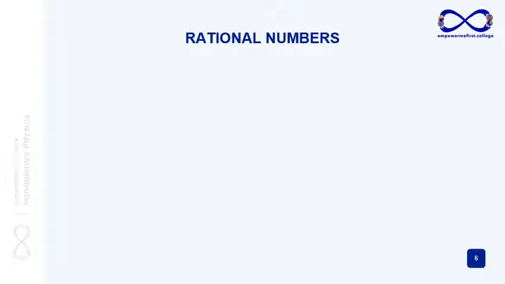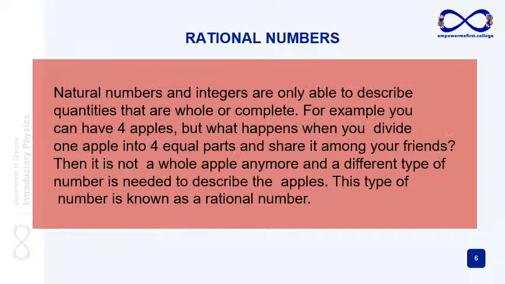Let us look at rational numbers. Suppose you are given natural numbers and integers, and you understand that these describe quantities that are whole or complete. Basically, natural numbers and integers are whole numbers.